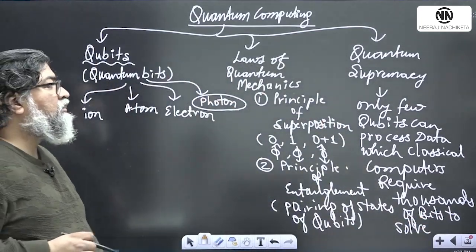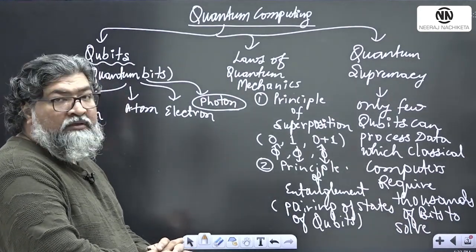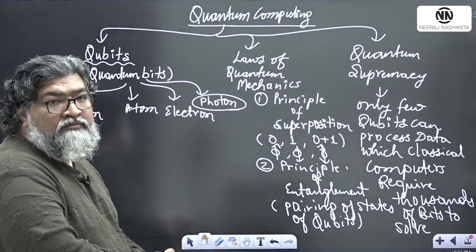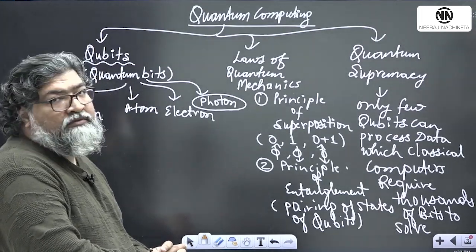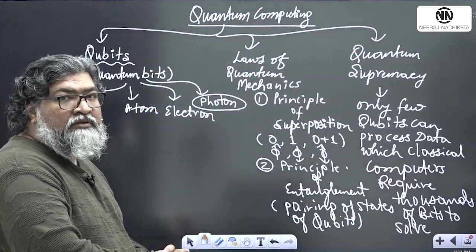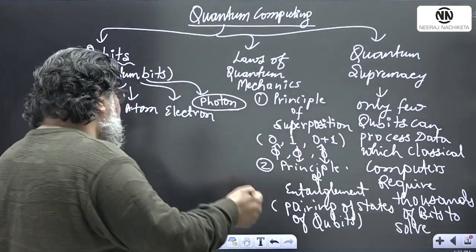What I've written here: what is supremacy? Only a few qubits can process the same type of data which classical computers require thousands of bits to solve. And you can solve it very fast, in a very short span of time. It can solve complex and more complex problems. That's what it comes to.